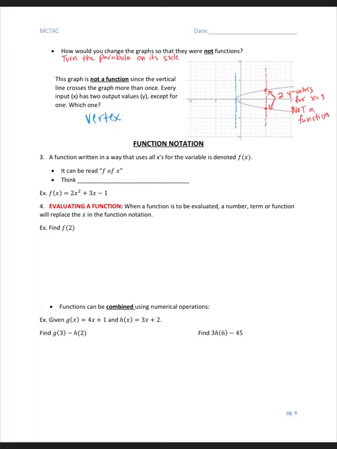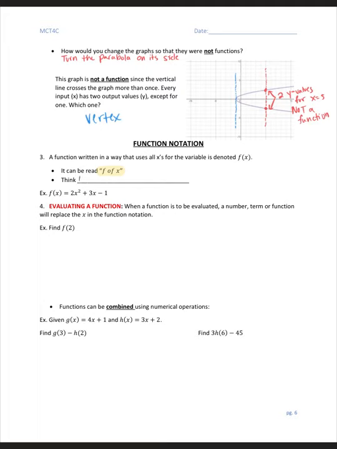So that's just a little bit about functions and remembering that vertical line test and that every input only has one output. Let's now look at function notation and evaluating functions for a given value. A function written in a way that uses all x's for the variable is denoted f of x. We read that as f of x.